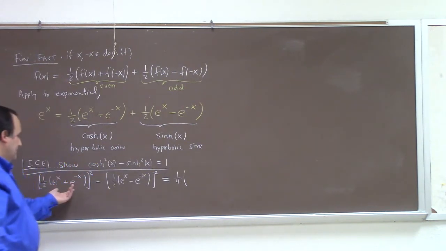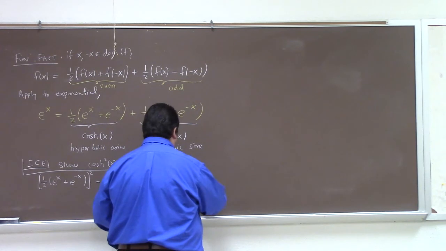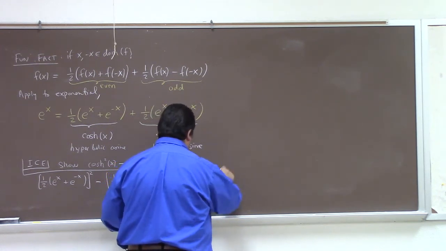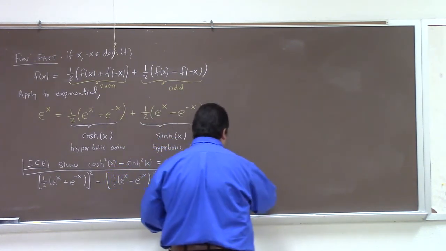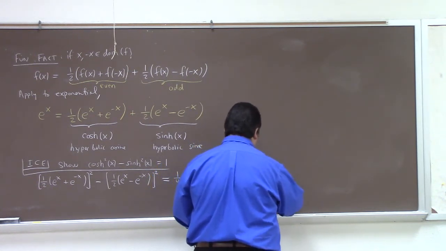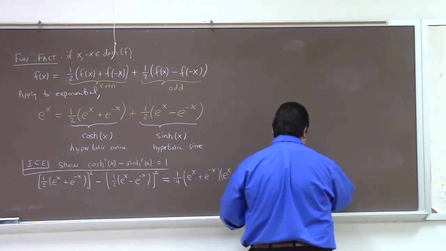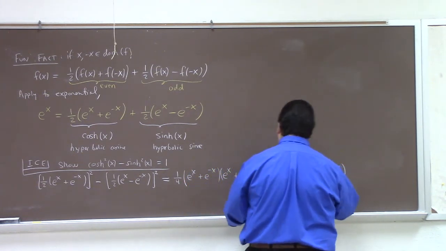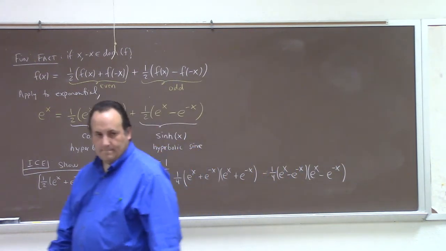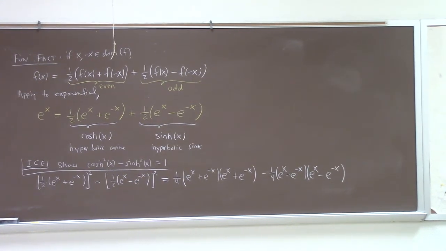e to the x, so I guess I'll write it out, e to the x. I'm just expanding what the problem is that's in front of us here. And how do the laws of exponents work for us here?